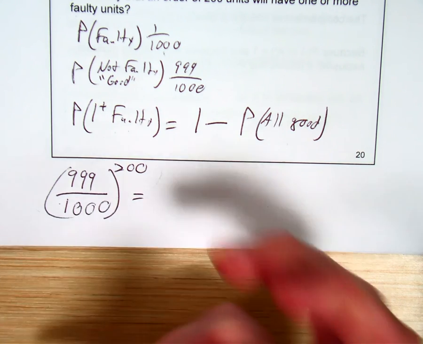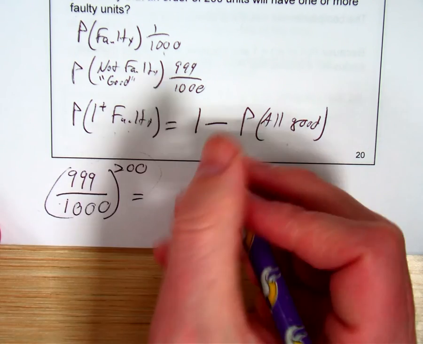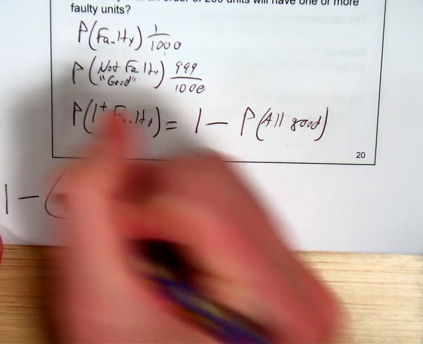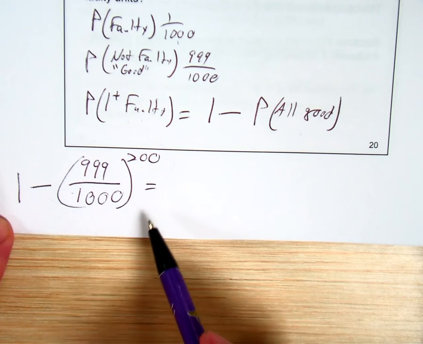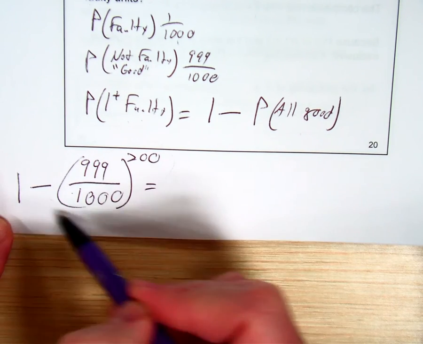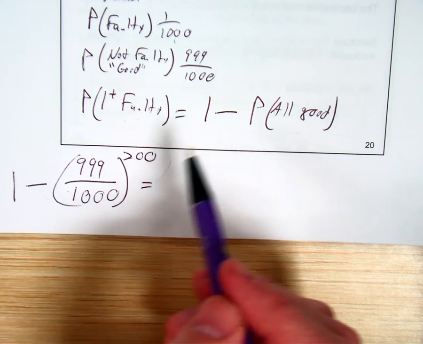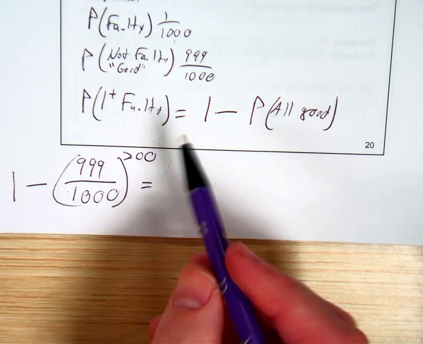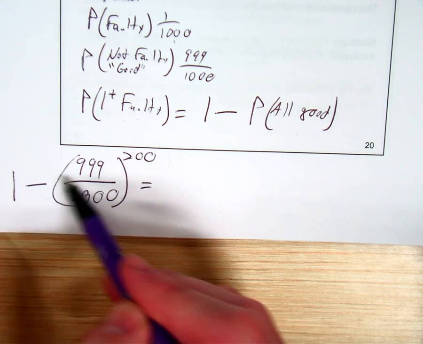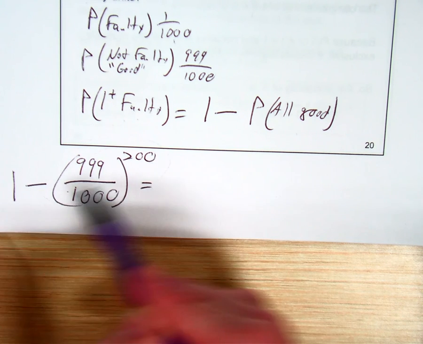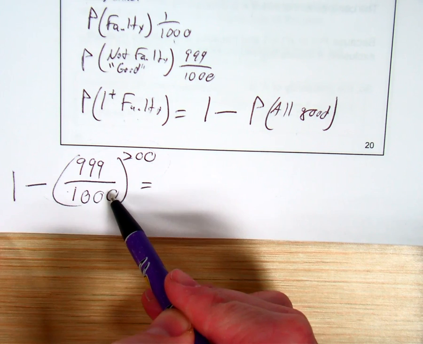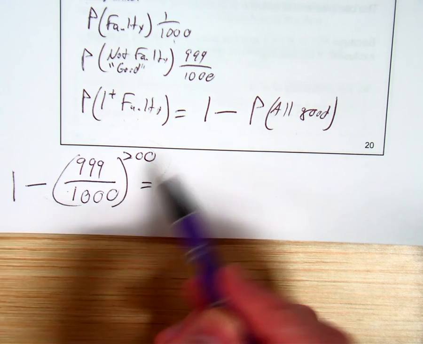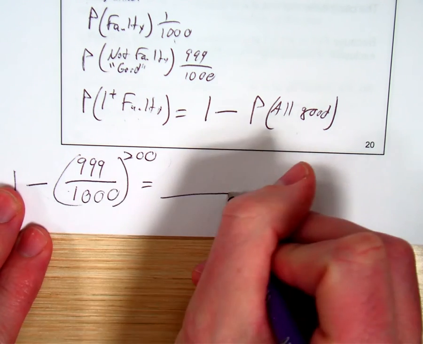Okay? So 1 minus that. So this is all of them being good. If I take that away, what's left? Then at least 1 is faulty, if not more than 1. So if I take the total probability, 1 minus the probability of all of them being perfect, is going to leave me with the probability that at least one of them is not perfect.